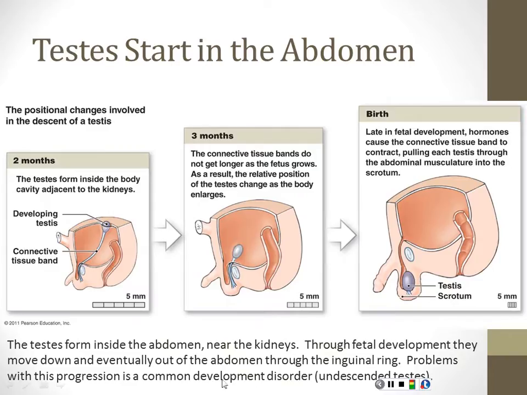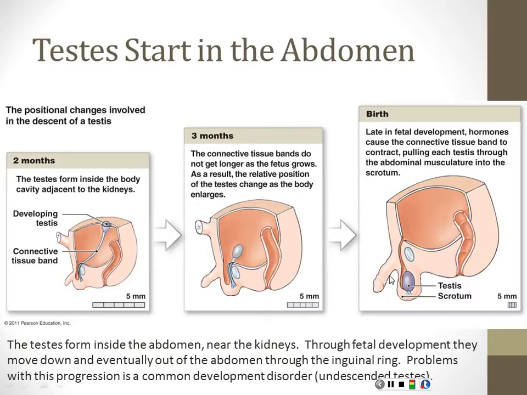Now, this descent, we call this the descent of the testis, from its origin to its final anatomical location, does not always work perfectly in all baby boys. Okay, so one of the most common developmental disorders is what we call an undescended testis, or undescended testes.